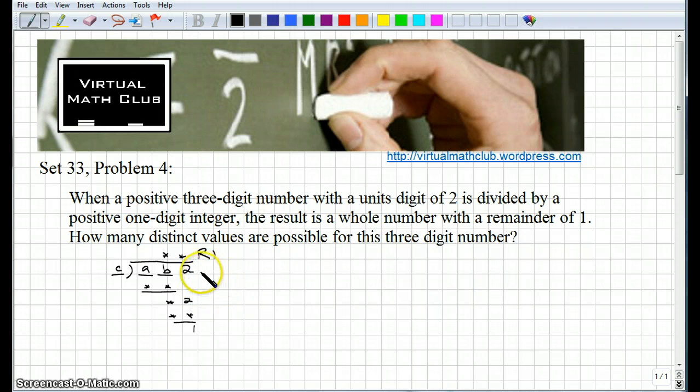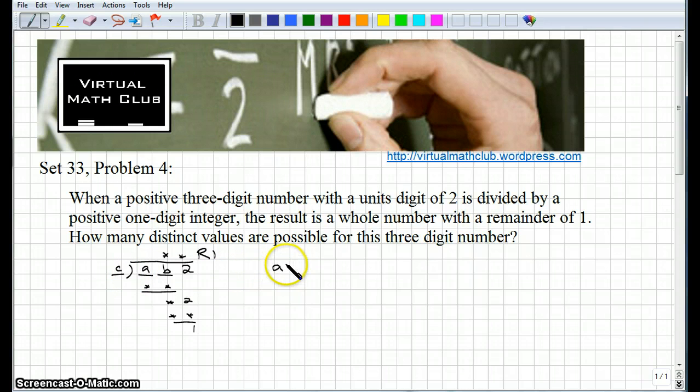So the key here is to think, if you got a remainder of 1, then you know that if this number, AB2, was 1 less, then you would have a remainder of 0. So then you would know that it was evenly divisible by whatever the single digit number is. So let's write that out.